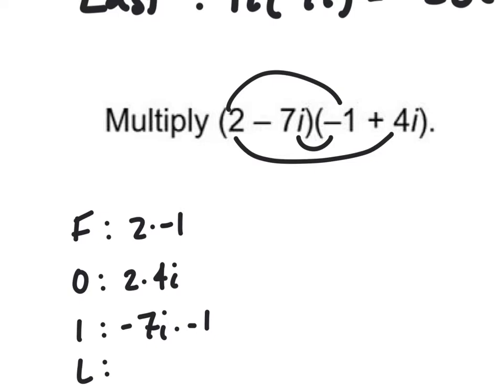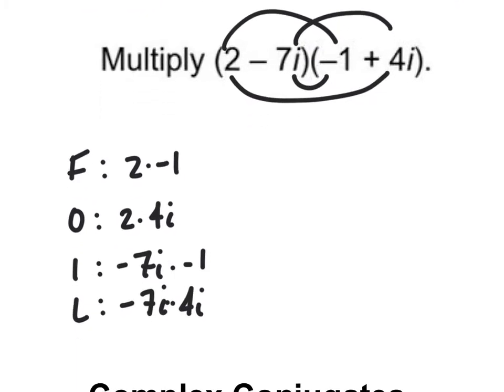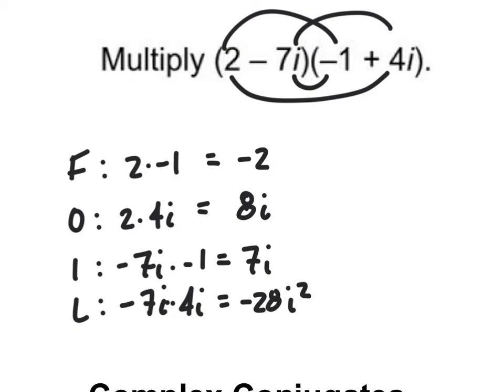And then my last terms are going to be negative 7i times 4i, okay? And so let's put these all together. This is going to give me negative 2. This is going to give me 8i. This is going to give me positive 7i. And this is going to give me negative 28i squared, okay?